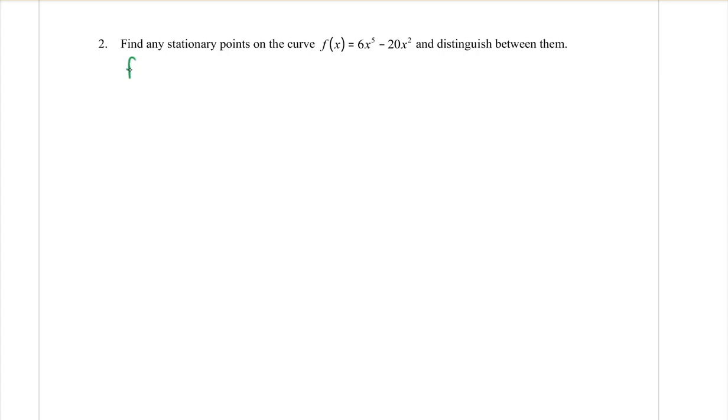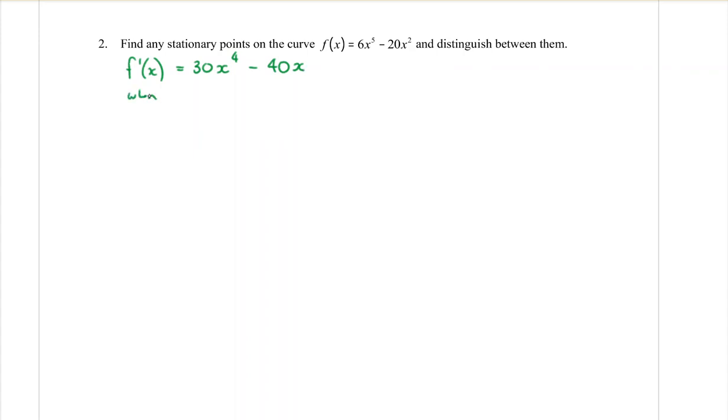This time I'm using f of x notation, so it'll be f dash x for the derivative. Bring the power of 5 down the front and times it with the 6 to get 30x. Subtract 1 from the power will be a 4. For the second term, bring the 2 down, multiply it with the 20, so negative 40x. Subtract 1 from the power would be a power of 1.